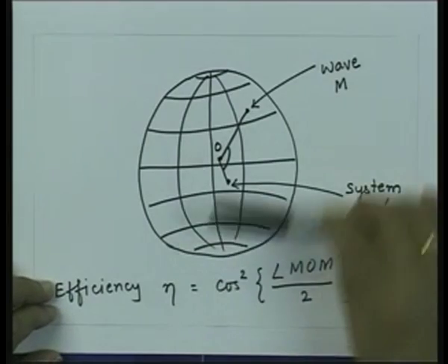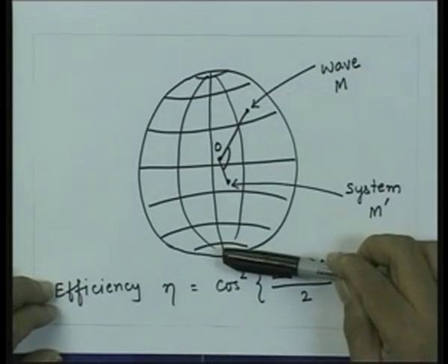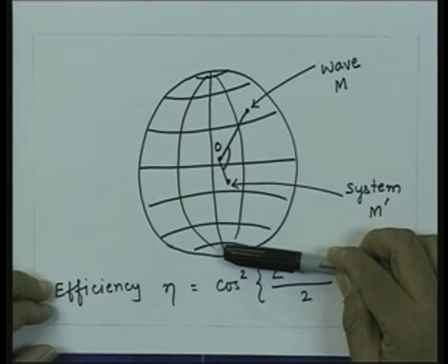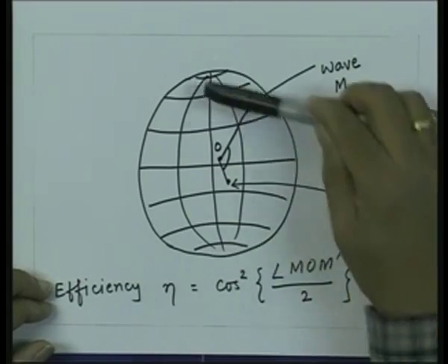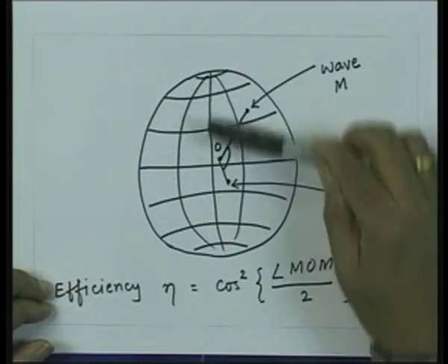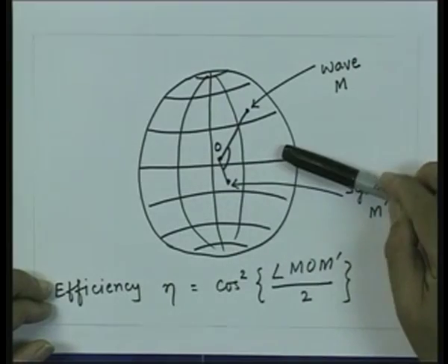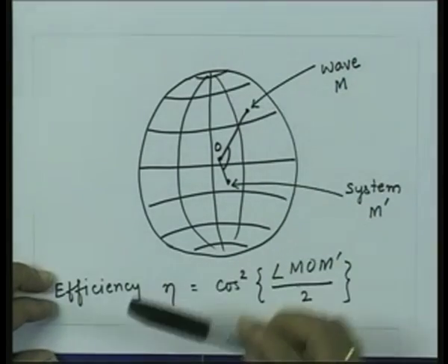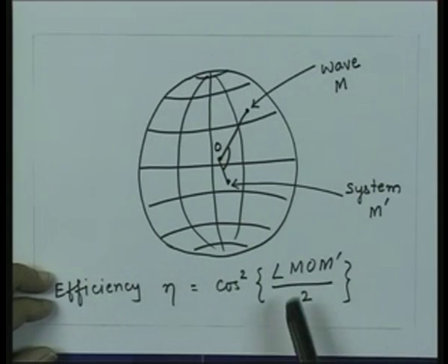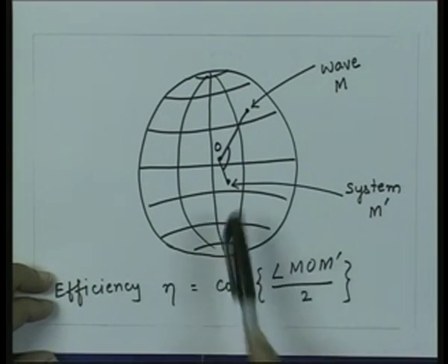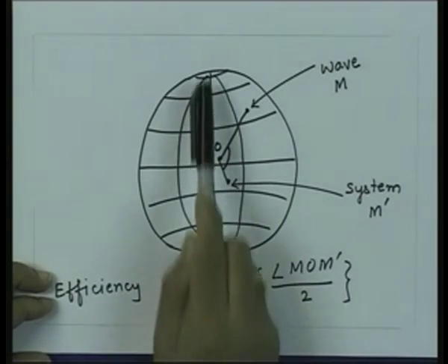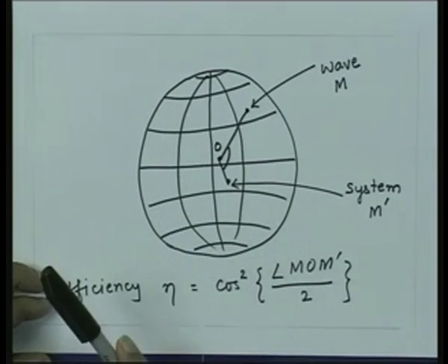A circularly polarized wave will lie either on this pole or this pole depending upon the sense of rotation. So, the angle between them is always 90 degrees. Any point on the equator and the pole, the angle is 90 degrees. So, this angle M O M prime for a linear polarization and circular polarization is always 90 degrees.